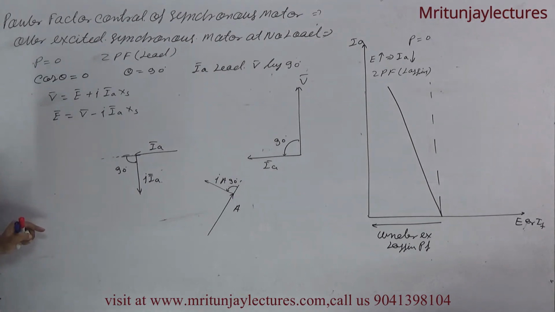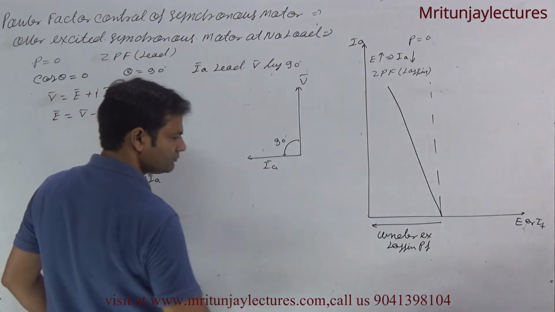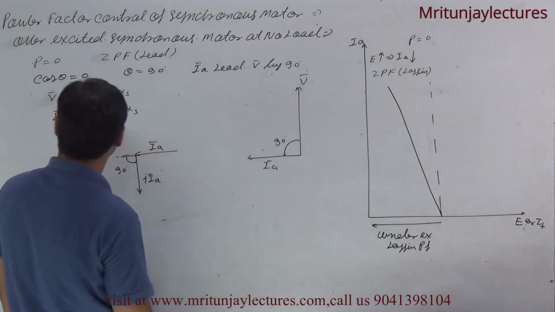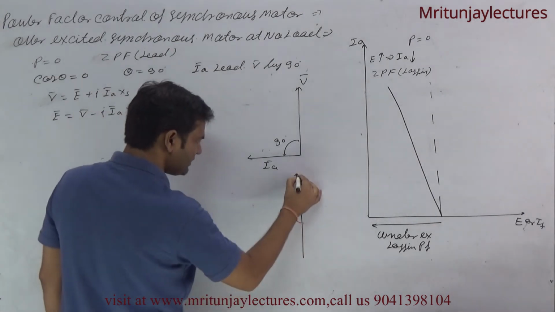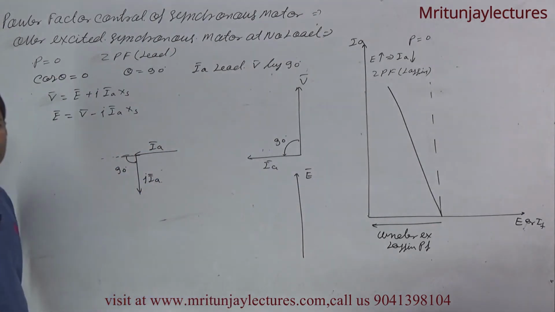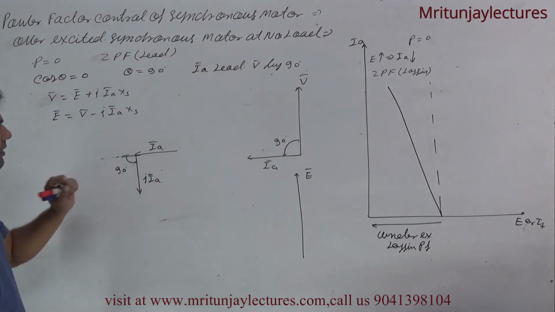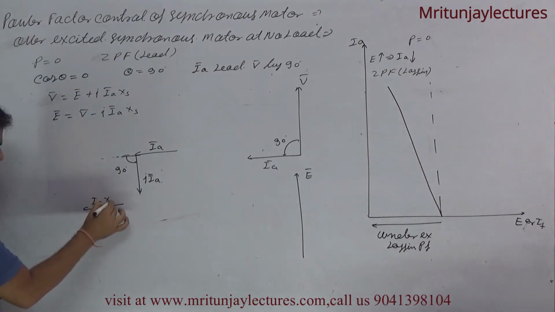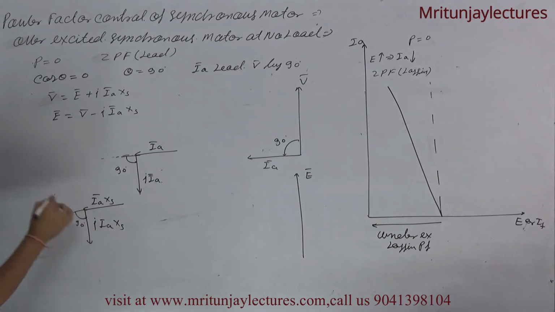Now how to draw? This one represents E. If this one represents E, then if IA into X like this one, then what about J into IA into X? Like this one, that is 90 degree.